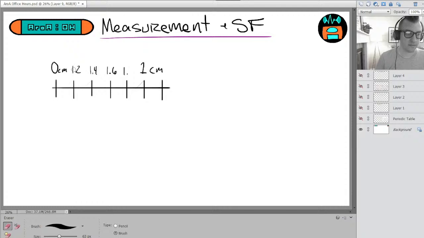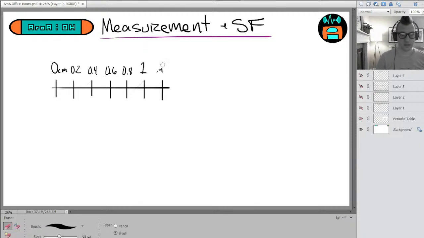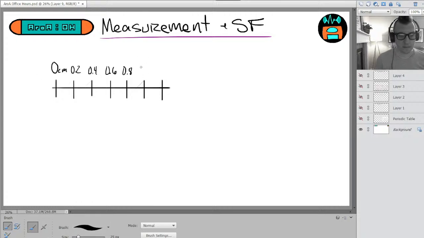Hang on. Not 1, it's point. 0.2, 0.4, 0.6, 0.8. And there's 1. I should be even more precise than that. 1.0 centimeters.